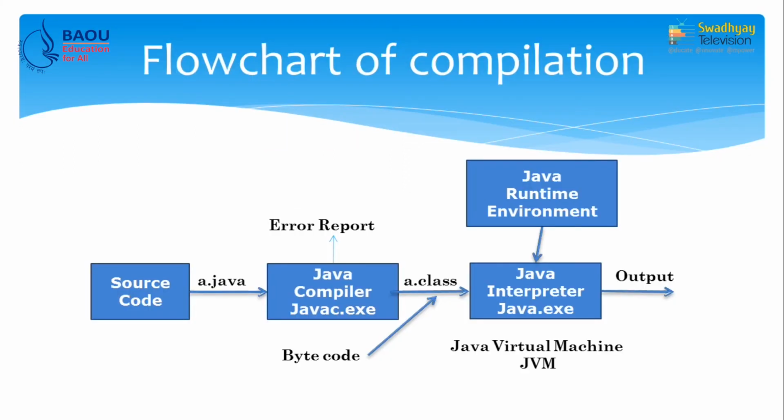Our source file extension is java. For example, if my source code file name is a.java, then first I need to compile my program. So, I use the Java compiler, which is also a program, javac.exe. So, I compile this a.java program using javac.exe, and it generates bytecode instead of object code as we discussed earlier.